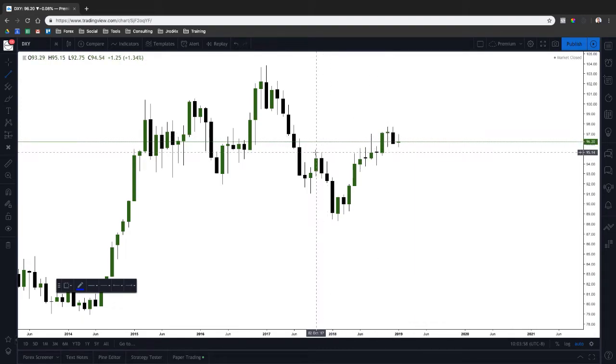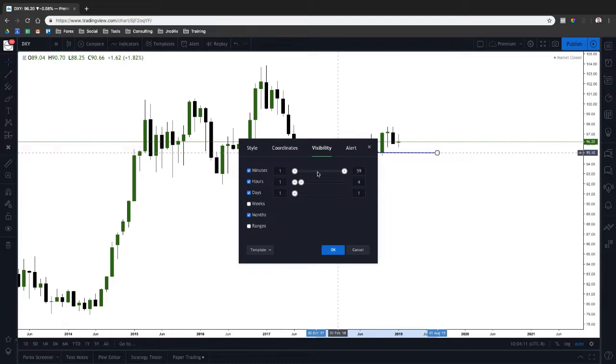So we could definitely come back down here and retest this high, and that high is 95.15.